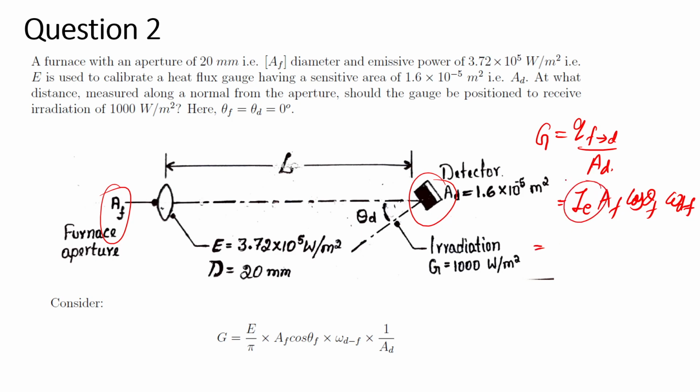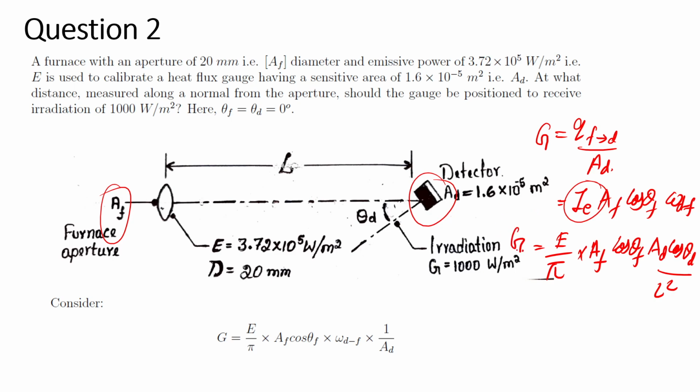Now I_E, we saw in the previous notes, is nothing but the ratio of the total emissive power upon pi into A_F cos of theta F into omega D2F. We can write this as the area of the detector A_D cos of theta D upon the distance square, that is L square.